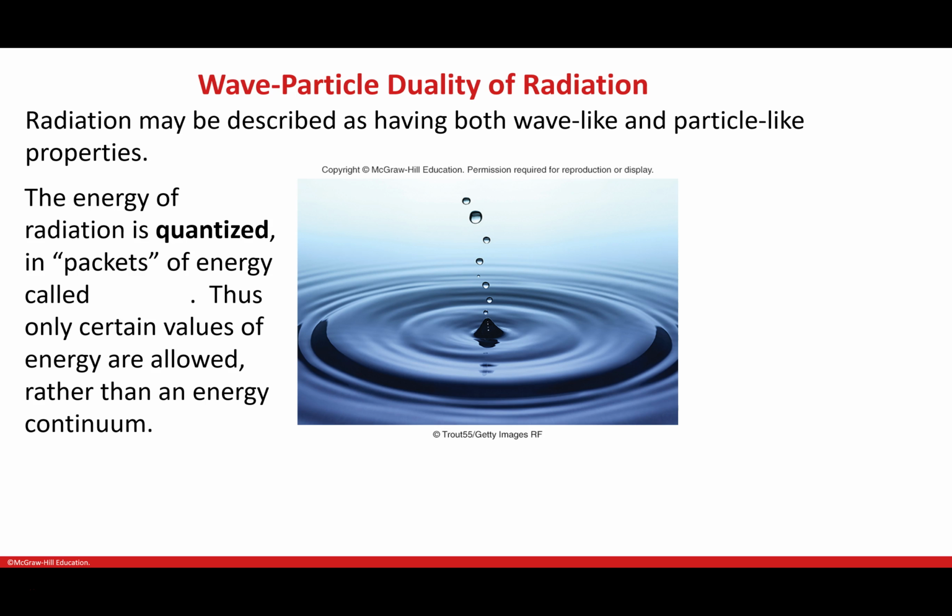So the packets of energy we call photons. Just a minute ago I said that packets of energy are literally moving through space up and down, and we call those photons. Now the thing about a photon, a minute ago you told me that ultraviolet has more energy than infrared, which has less energy.